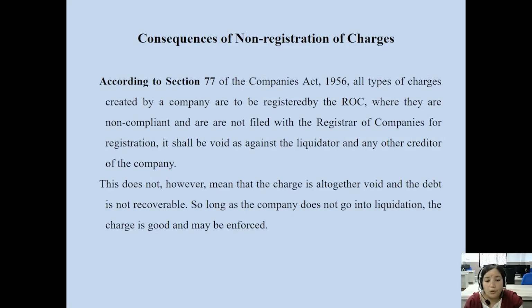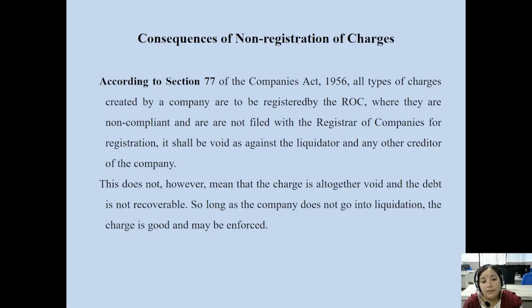But this does not, however, mean that... because the company has to pay to the creditors of the company. The company receives from its debtors, but the company also has to pay its creditors. If the company does not register its charges, then that particular transaction is declared void by the court of law.